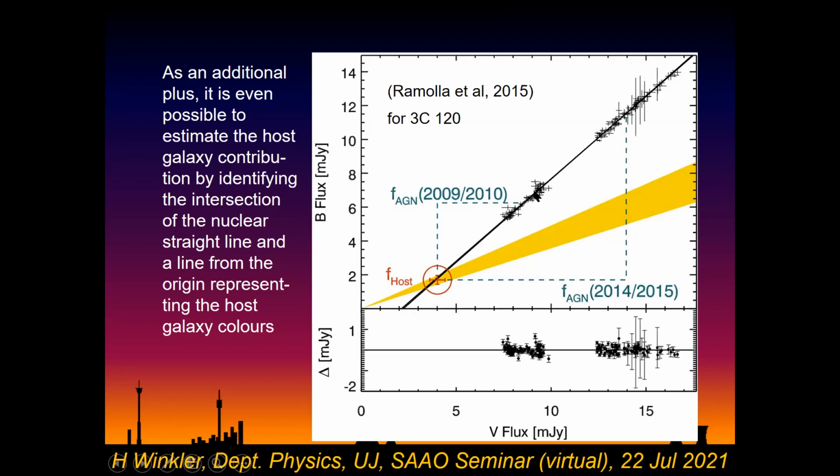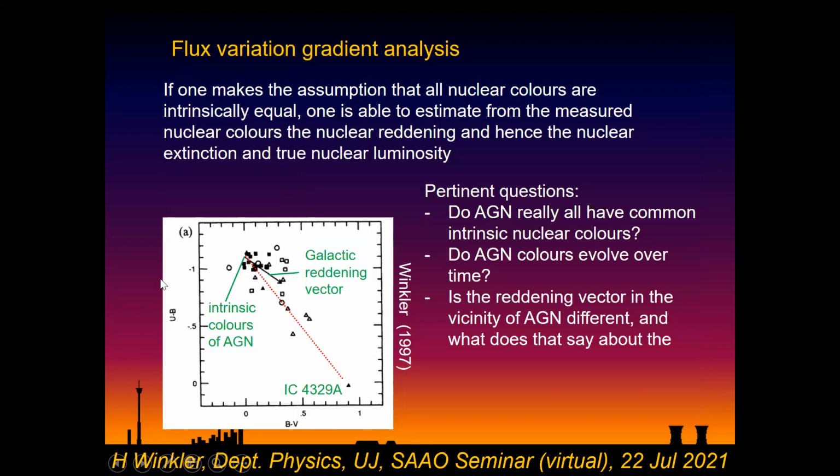So you can work out very nicely how bright the nucleus itself is, and from the slope you can determine how much extinction there is, and from that you can tell very nicely what the actual luminosity is. So that was a nice result.